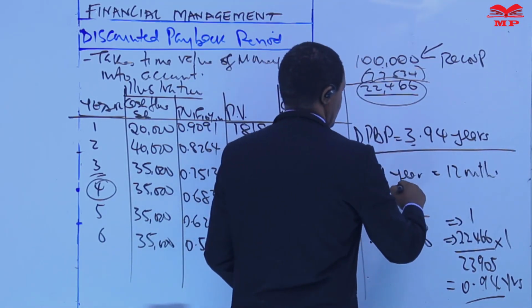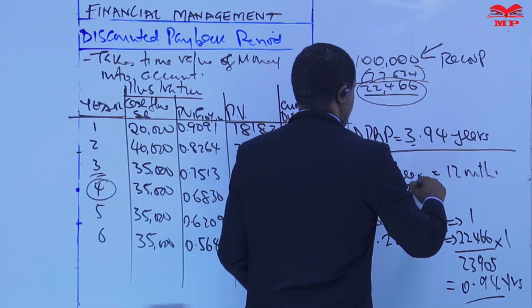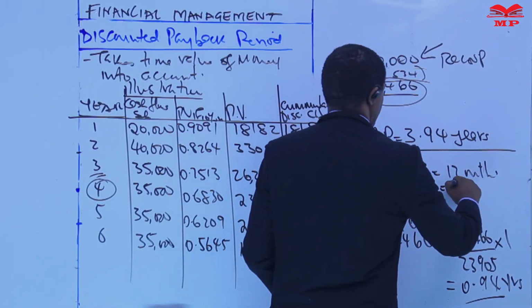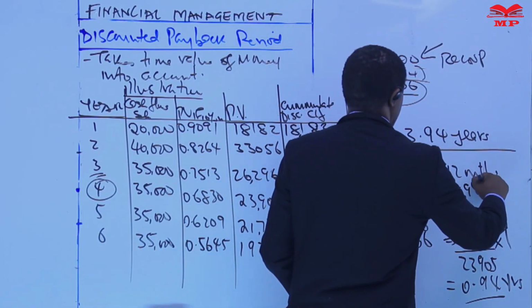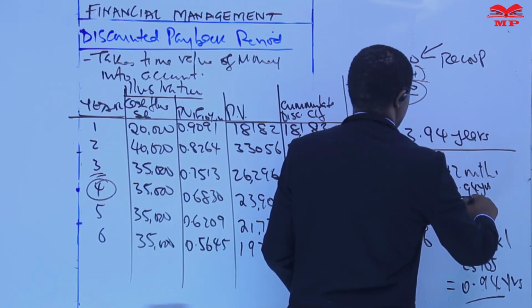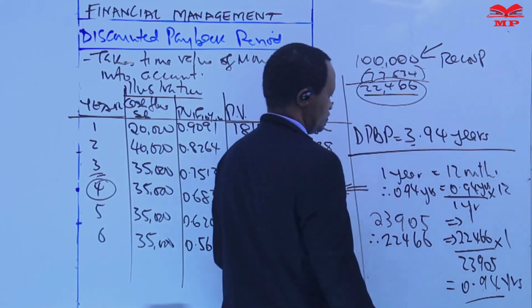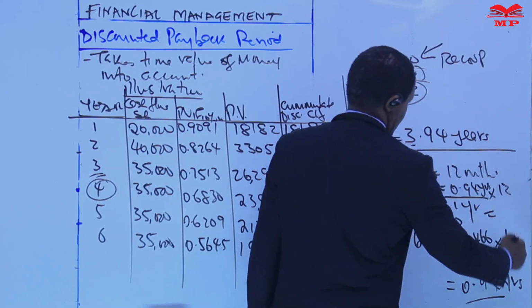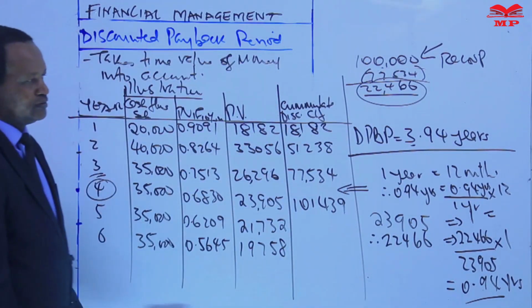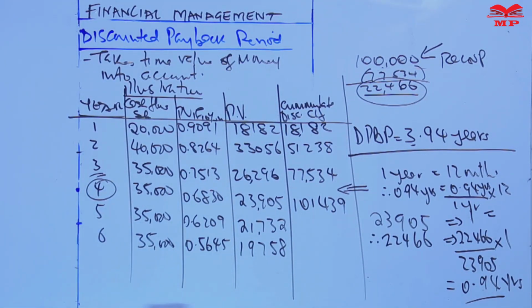Therefore, 0.94 years divided by 1 year times 12 will give you the number of months. Is it 11 point something? But 3.94 is good enough. So that is the discounted payback period.